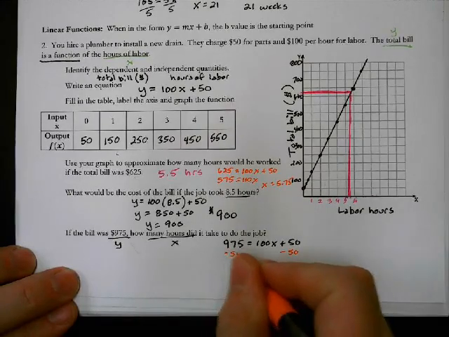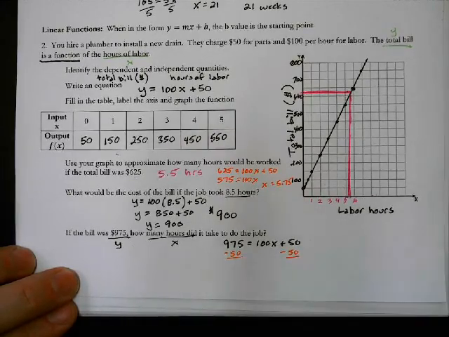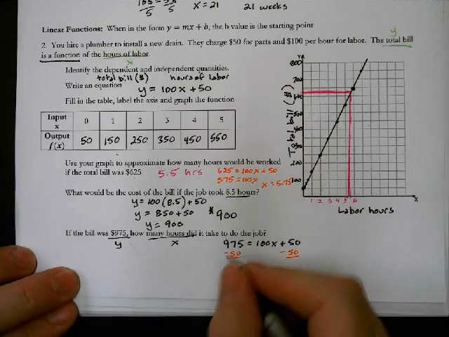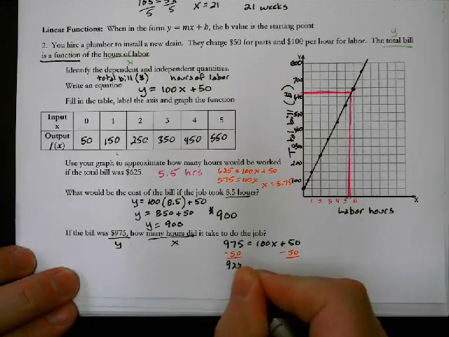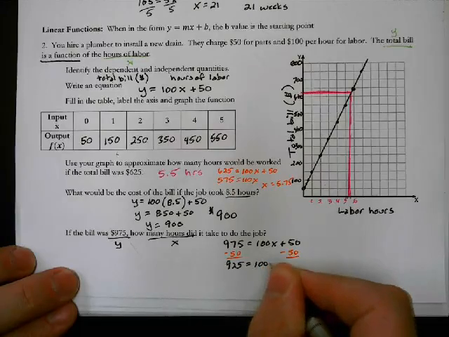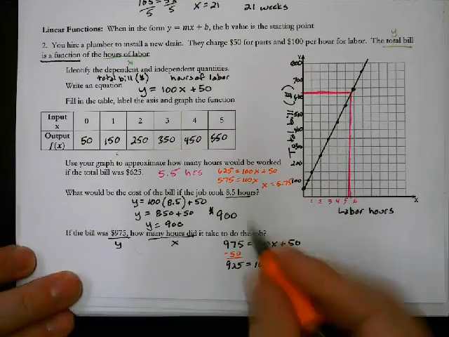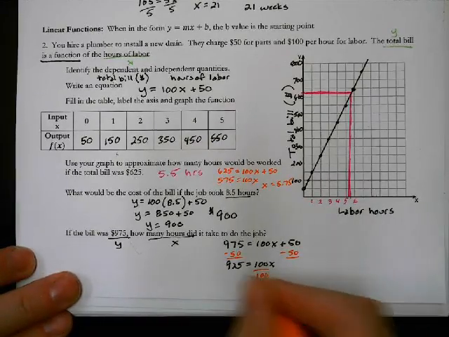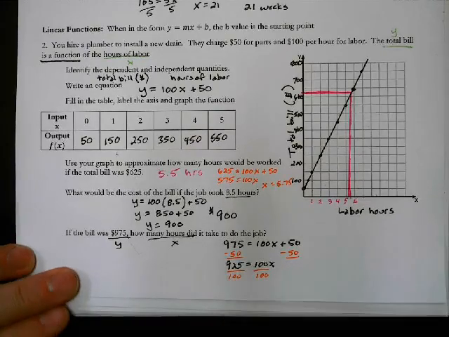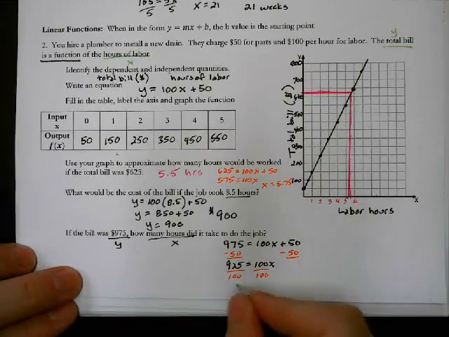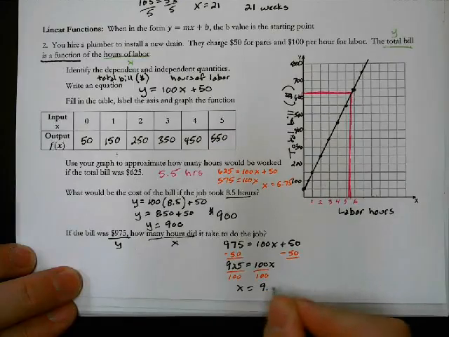I'd get 925 equals 100x. And I divide both sides by 100, which would just move the decimal over 2 places. And I would get x is equal to 9.25. So it looks like 9.25 hours.